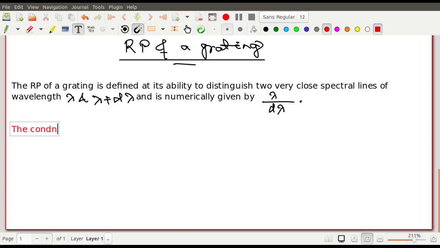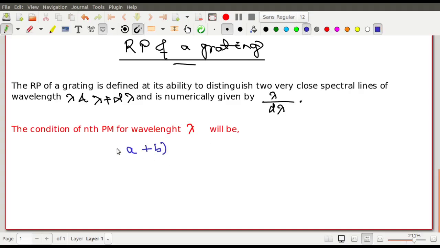The condition for the nth principal maxima for wavelength lambda will be, what is the condition of the nth principal maxima in the grating?